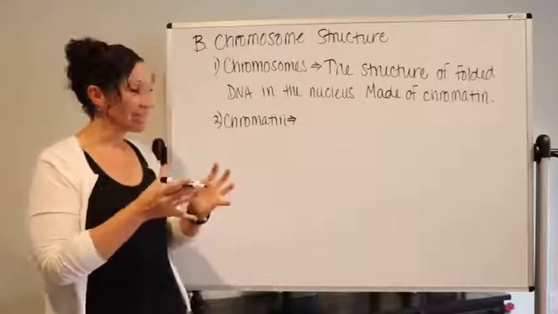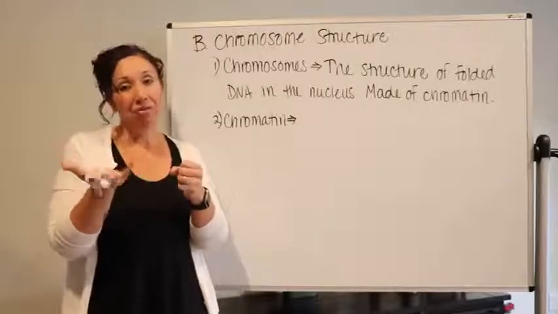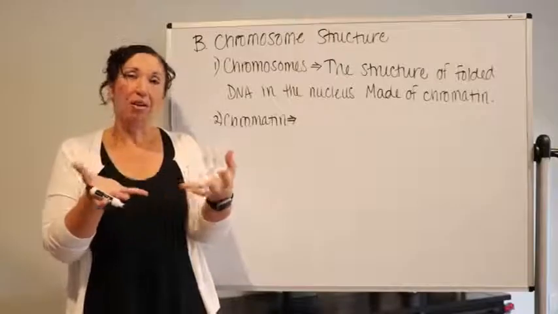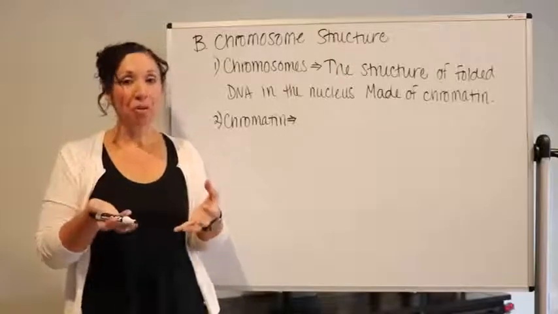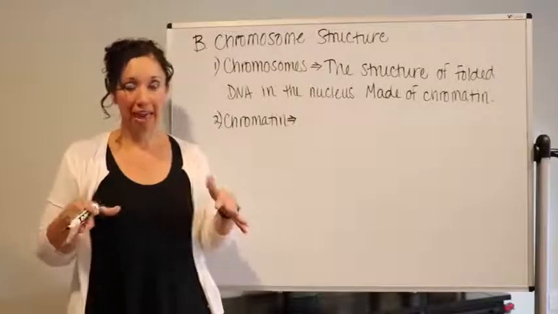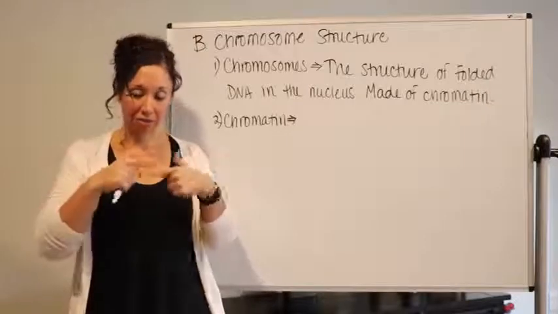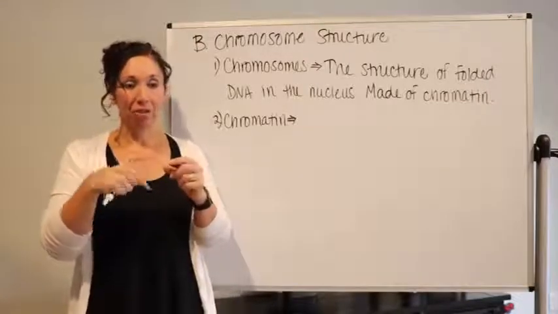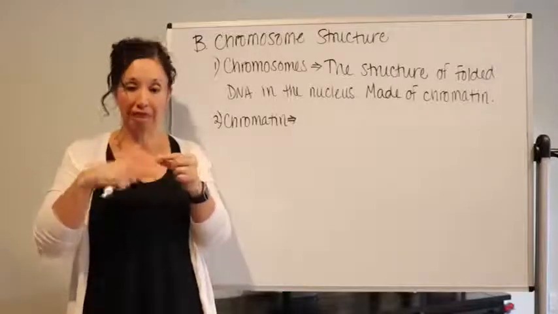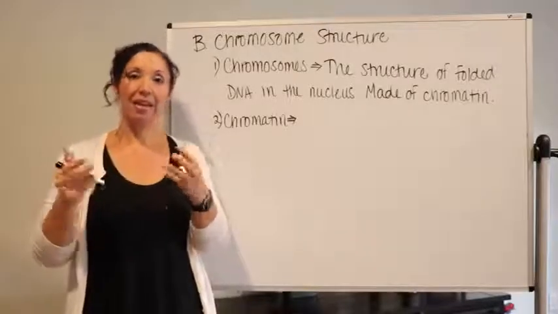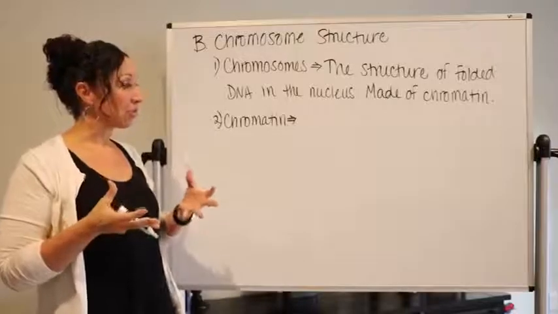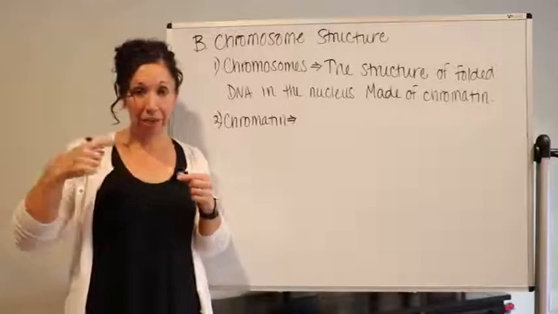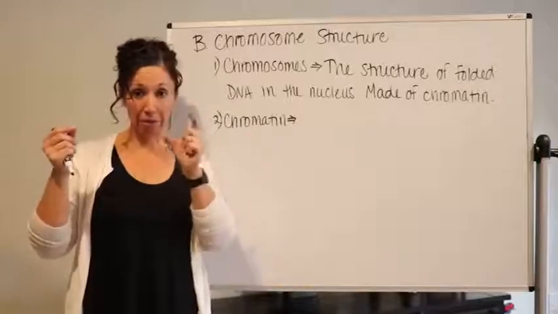So what chromatin is, it's that combination of DNA and the protein, that's what we call chromatin. Because your chromosomes aren't made of just pure DNA. DNA needs something to wrap around in order to fold. It's kind of like the thread around a spool. You need that spool to wrap the thread around, and that's exactly what those proteins are doing. The thread would be the DNA, the spool would be the protein.